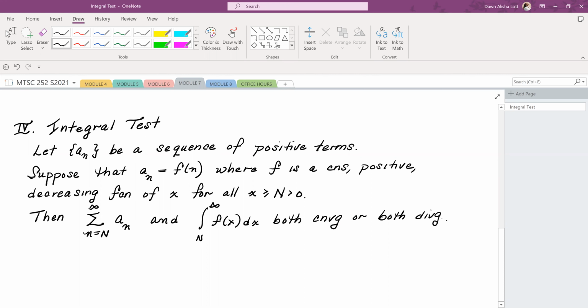Okay. All righty. So that's the theorem.